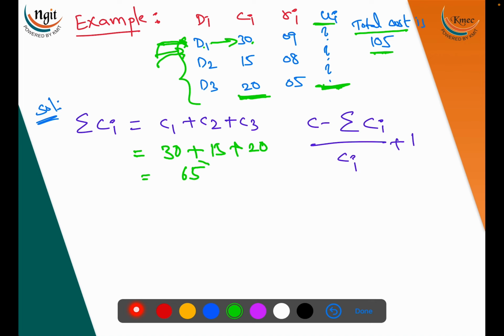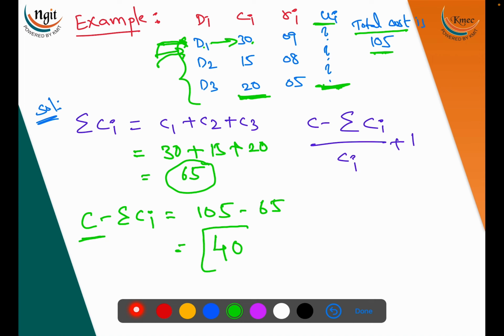So I can still buy other devices, and we will see that with this formula: C minus the sum of Ci. C is the total cost, which is 105, minus 65, which is equal to 40.